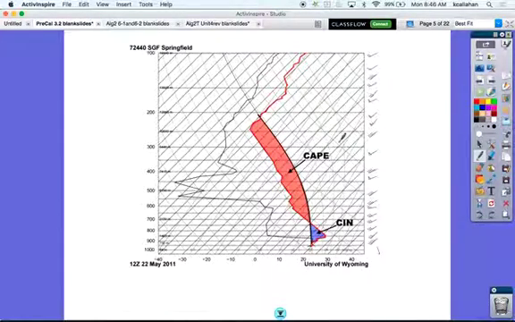The log P is the logarithm of pressure. The pressure that we use to measure the pressure in weather, its surface pressure, is in millibars. That's 1,000 millibars right there. There's 900, 800, 700, 600. But notice how the spacing increases as you go up. That's a logarithmic scale.